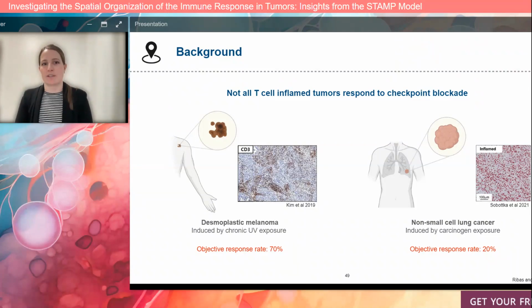So given our immunotype hypothesis, both tumors should respond extremely well to checkpoint blockade. However, in melanoma, we have an objective response rate of about 70%. And by contrast, in non-small cell lung cancer, there's a very low response rate of about only 20%. So what's different about an immune inflamed tumor that responds to therapy and one that does not? And what are the drivers of this immune inflamed phenotype overall?